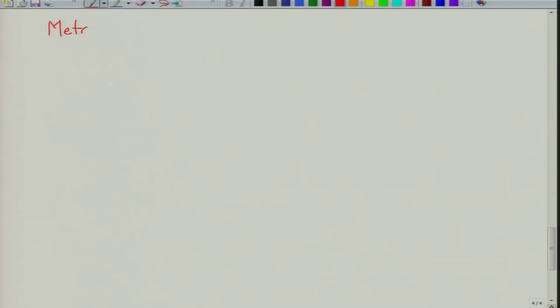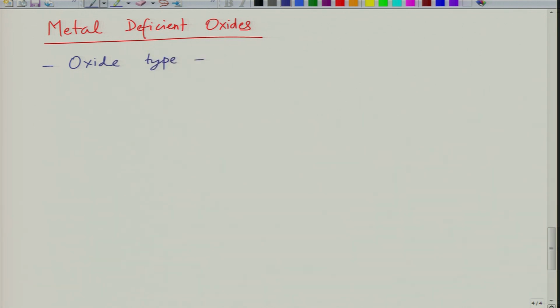So, now let us look at the cases of metal deficient oxides. Let us look at the example where the oxide type is MO.